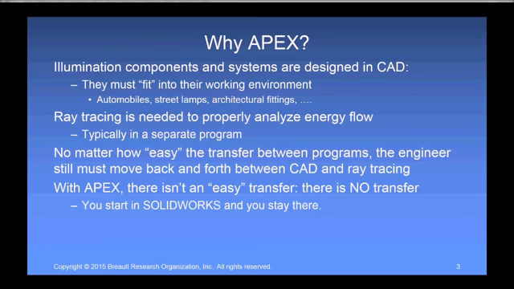However, once you've designed those components and you have something that fits the form and function of the working environment, you need to verify that the energy output from that device will meet the basic needs of whatever the design is for: automobile headlamps, tail lamps, street lamps, etc.